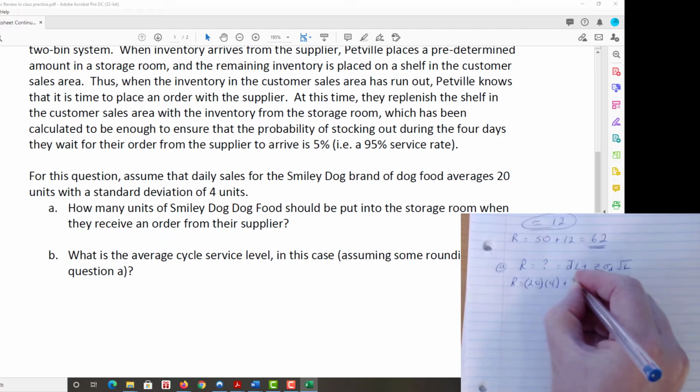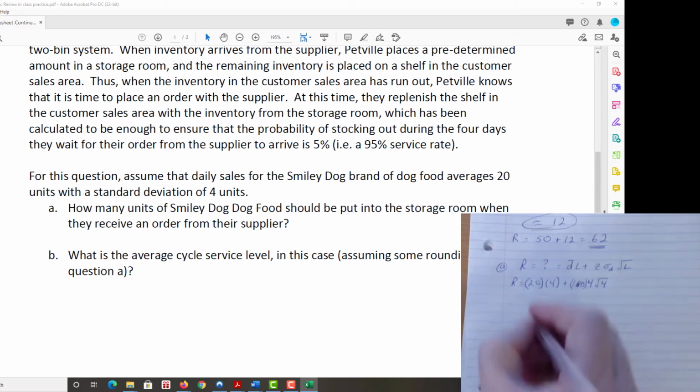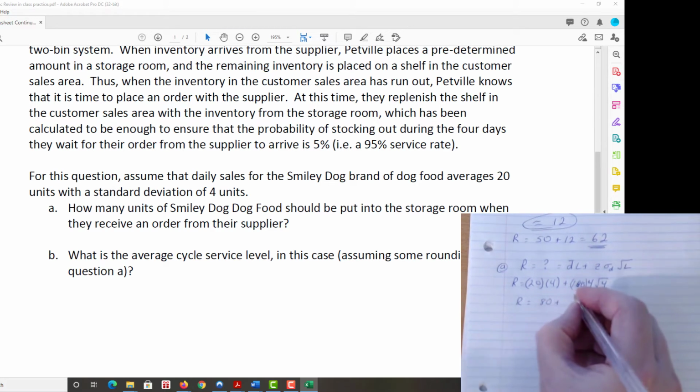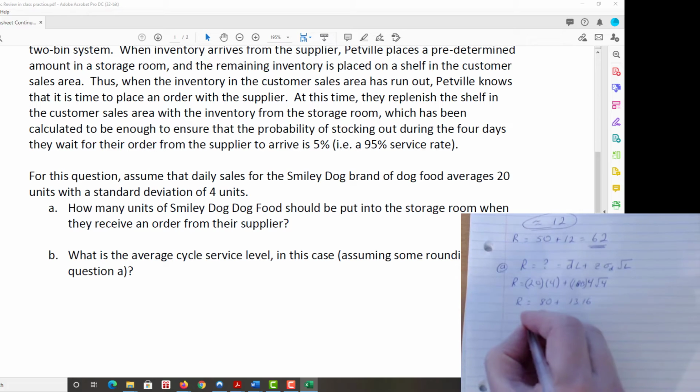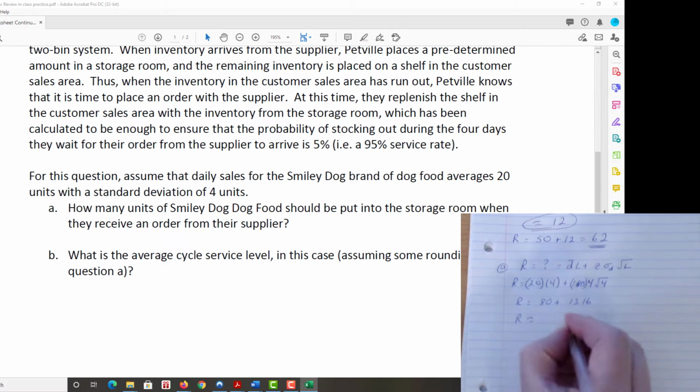And eventually we get R is equal to 80 plus our safety stock, which is 13.16. We know that rounds up to 14. So that means that R is roughly 94 units.